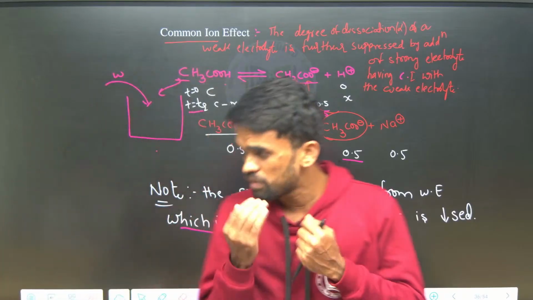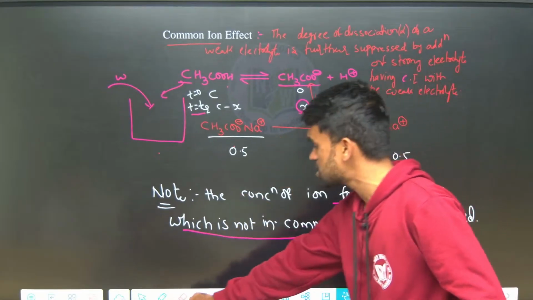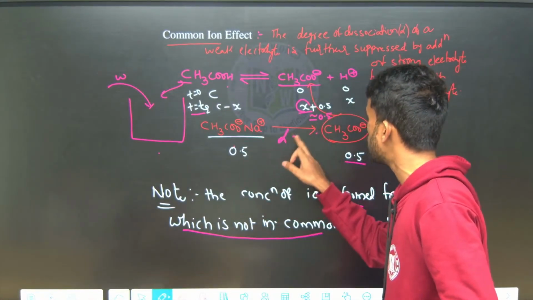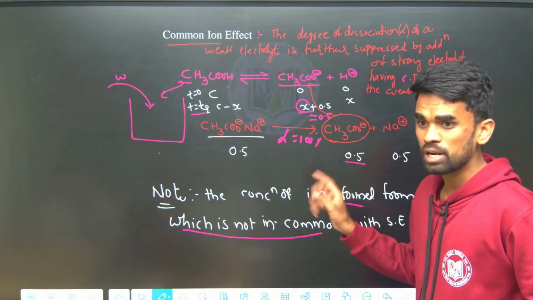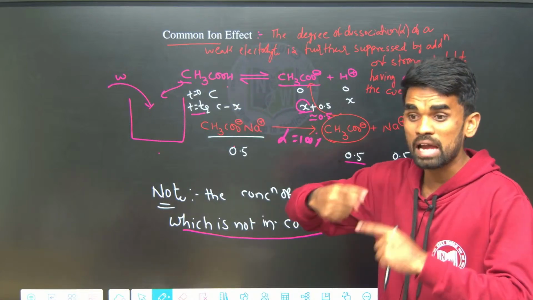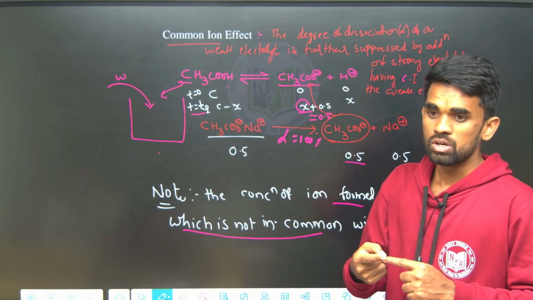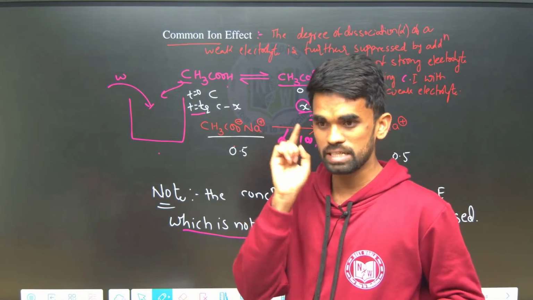Why? Because for strong electrolytes, whatever the condition, the degree of dissociation will always be 100%. Yes or no? But for weak electrolytes only, the value varies. So the common ion effect is applicable only for weak electrolytes. Is this clear or not?